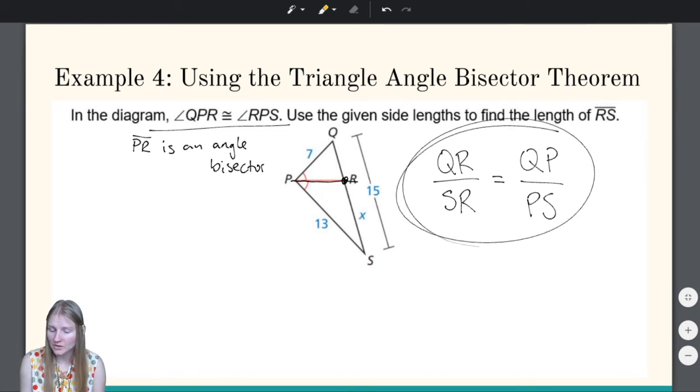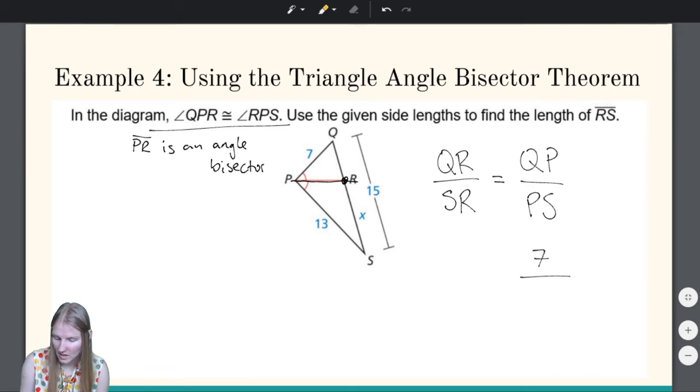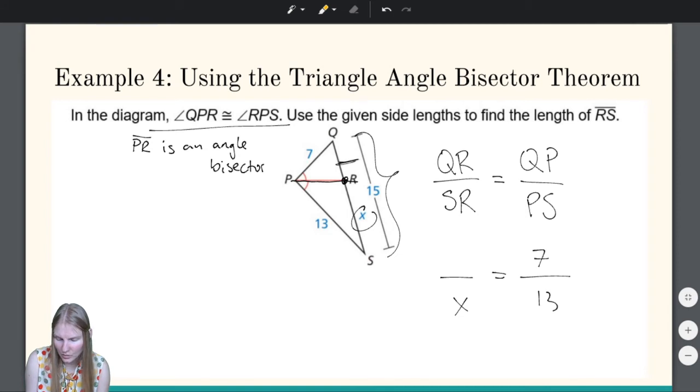Now let me substitute the lengths in here. QP is 7. PS is 13. Equals SR is X over, what is QR? I know this entire thing is 15, and this chunk is X, but what is QR?